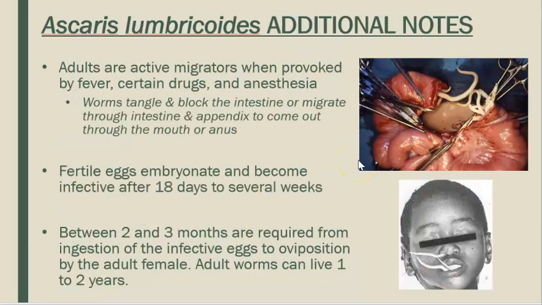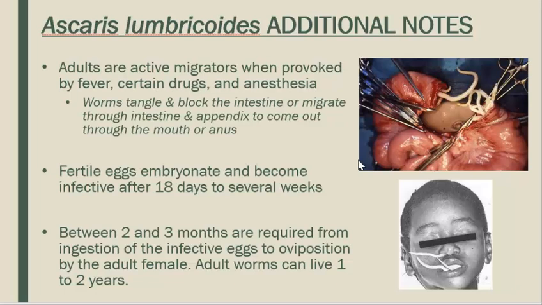Just some additional notes for Ascaris is that the adult worms are active migrators, and when provoked for some reason like fever or certain drugs or even anesthesia, the worms will tangle and block the intestines or migrate through the intestines or the appendix and come out through the anus or the mouth. So if they get upset for some reason, they'll try to find a way out of the body.